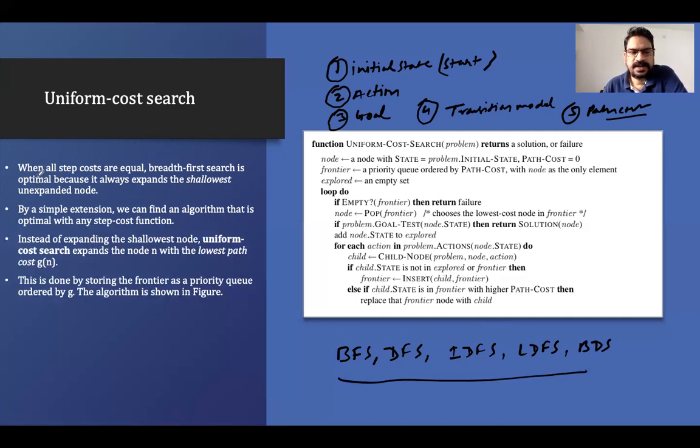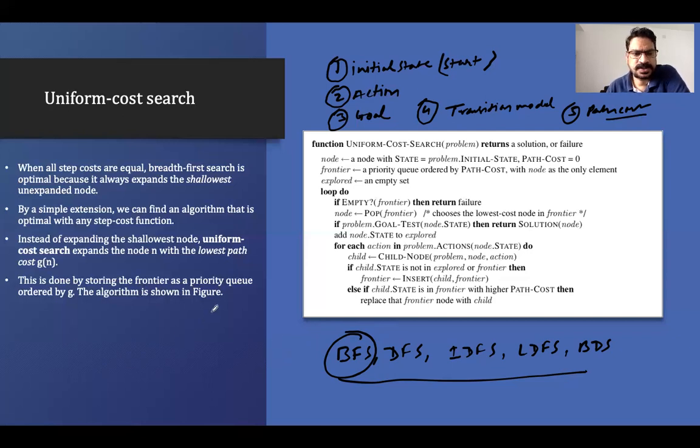So it is saying that when all step costs are equal, breadth first search is the optimal solution. It always expands the shallowest unexpanded node. Breadth first search, BFS, will give you a good solution if all the step costs are the same.